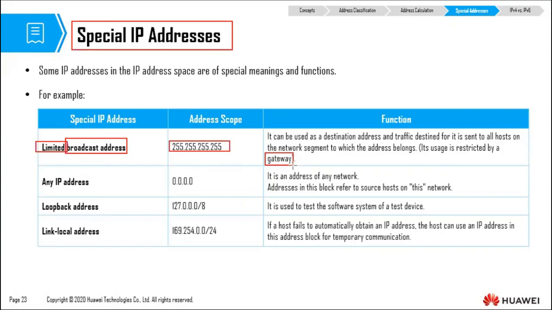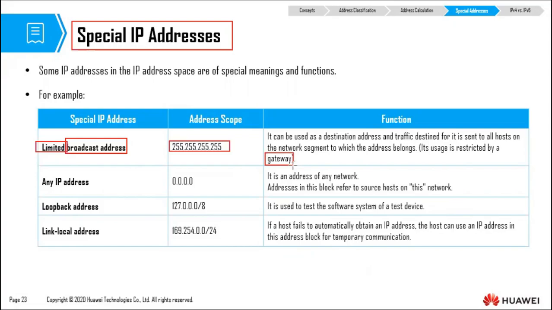Because if a broadcast packet goes to the router, the router will discard it. The router is what we're calling the gateway. So the gateway will never forward a broadcast packet beyond the network from which it has been generated. So that's why it's called a limited broadcast address.